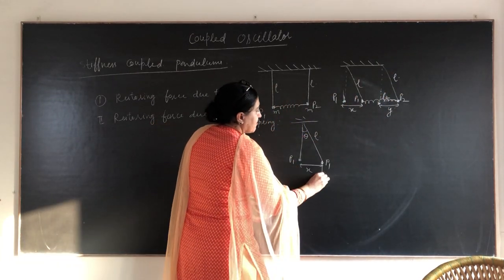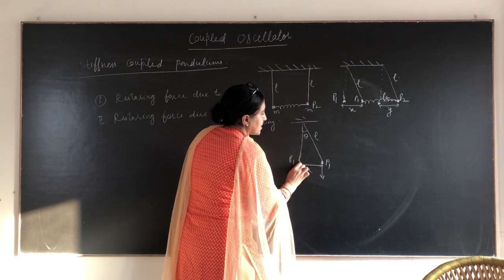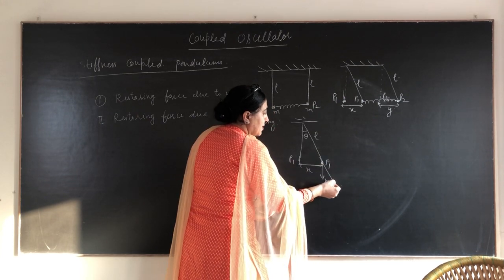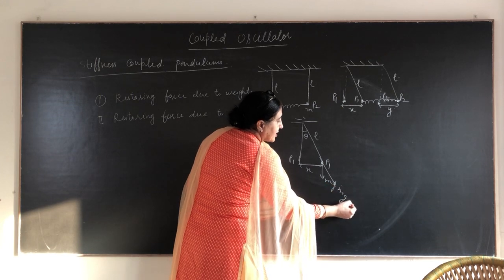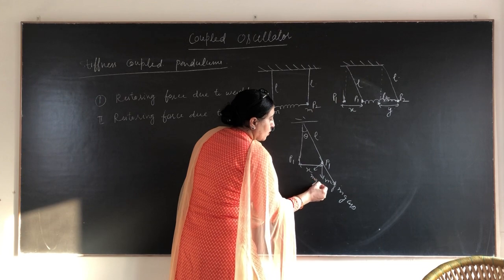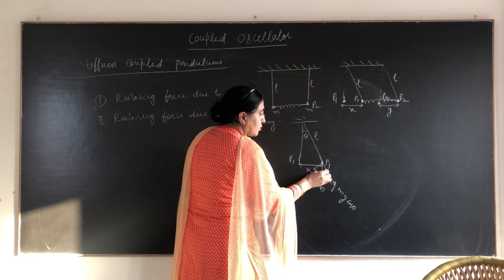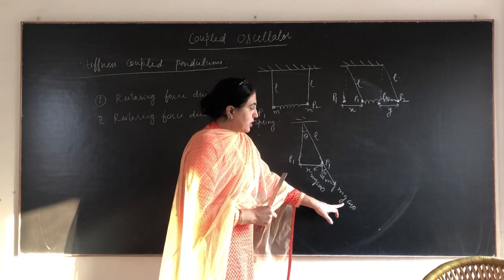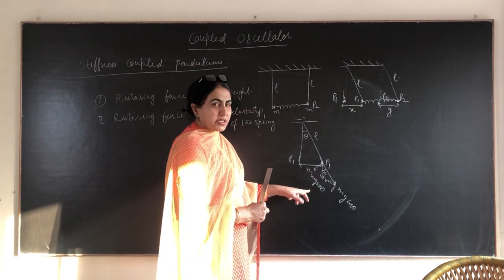Now this is the weight mg, equilibrium position, and when we resolve, this will be mg cos theta, and this will be mg sin theta. So the weight mg is resolved into two parts because this angle is also theta.